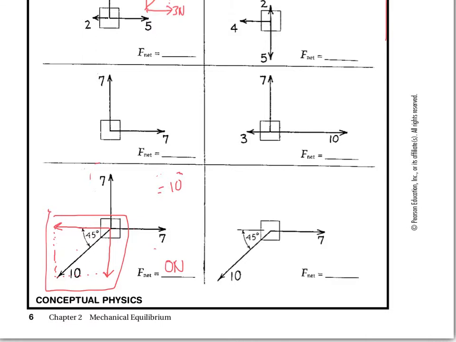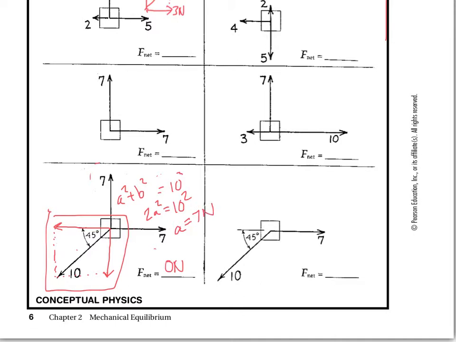So, to figure out the two sides of a square, well, we know Pythagorean theorem is a squared plus b squared, but since a and b are the same, well, 2a squared equals 10 squared. When we solve that, we see that a is approximately, we do 100 divided by 2 is 50. Take the square root of that. Well, it's basically 7 newtons.